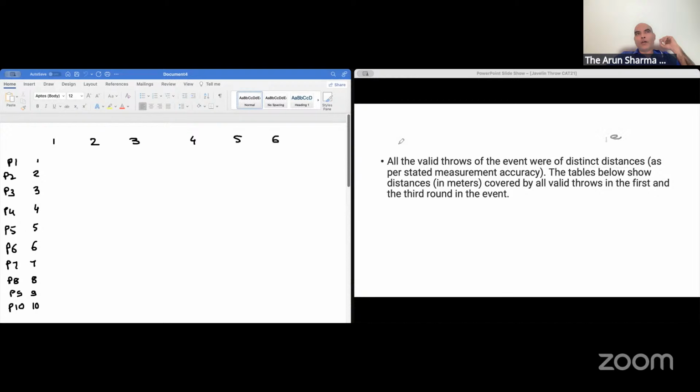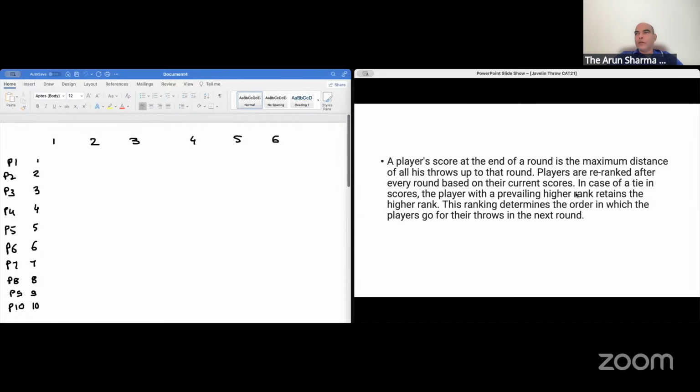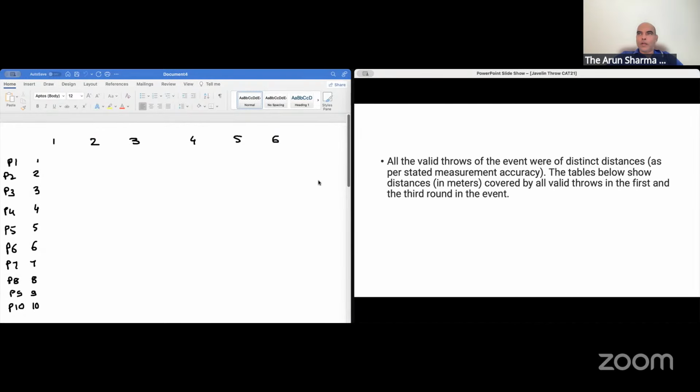The previous paragraph had talked about a tie: in case of a tie in scores, the player with the prevailing higher rank retains the higher rank. But in this statement, the possibility of a tie is gone. So we keep going ahead.